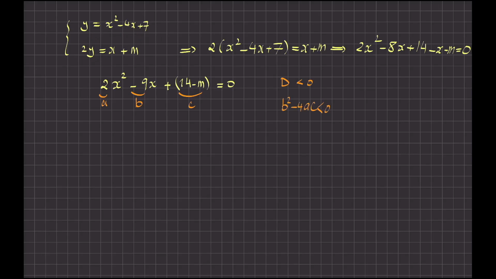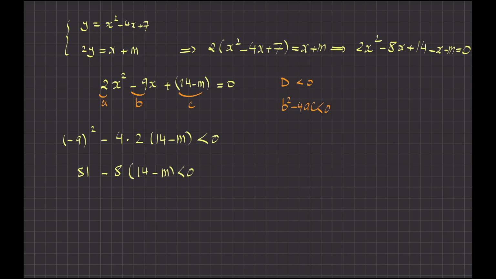That's it. So b squared is minus 9 squared minus 4 times a times 14 minus m. This should be negative. Minus 9 to power 2 is 81. Minus 4 times 2 is minus 8 times 14 minus m should be less than 0.